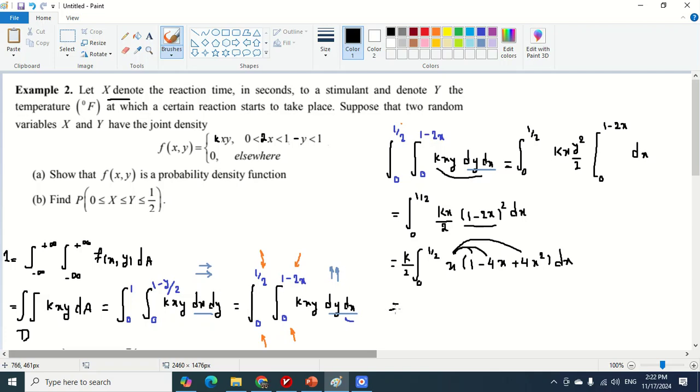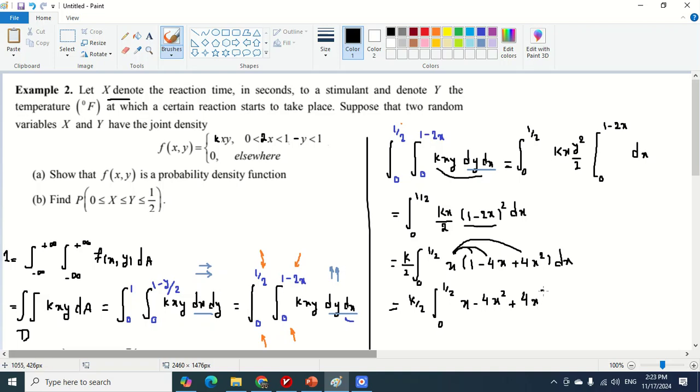Then we will have this form of the integration. Let me just put a line over here to split the cases. So k over 2, the integral from 0 up to half, and the integrand is as follows: x minus 4x squared, and the last one is going to be 4x cubed.